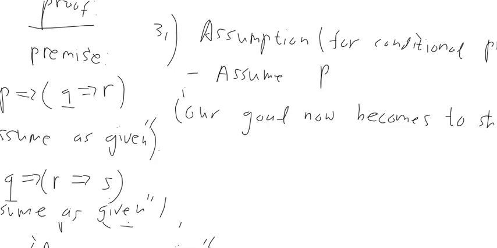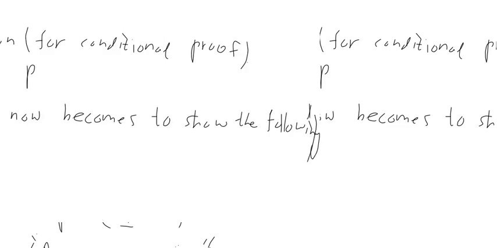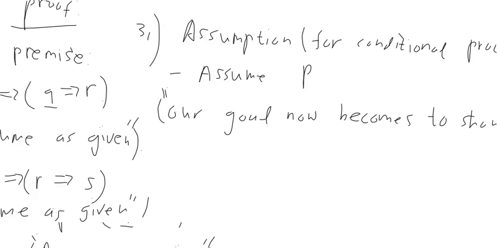Okay, so we have this now. Now what we're going to start invoking is each one of the rules. Step 4, I'm going to use modus ponens on steps 1 and 3.